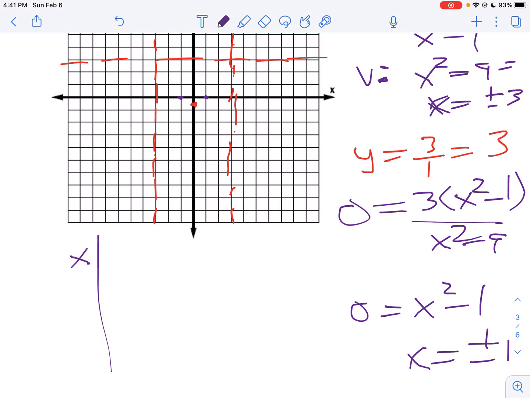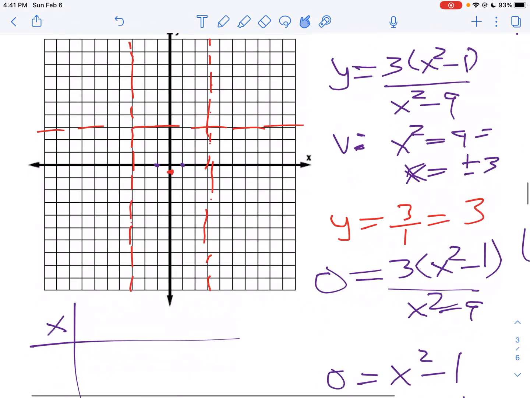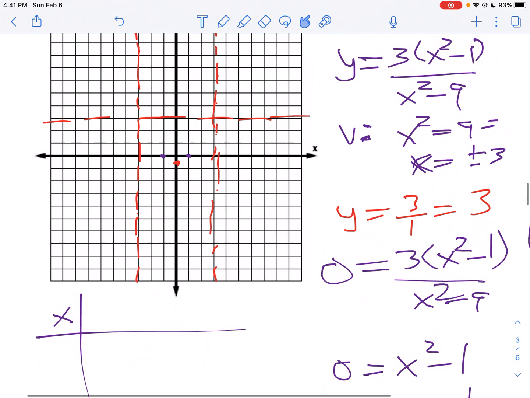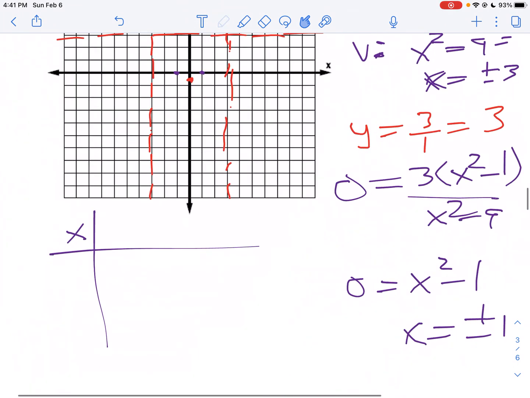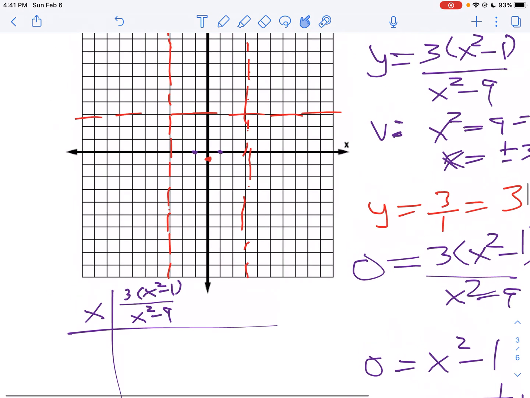So I'm going to do x and y, which is 3 times x squared minus 1 all over x squared minus 9. I could do x plus 3, x minus 3 if we wanted to. Now I want to pick a number to the left of negative 3, so I'll pick negative 4.